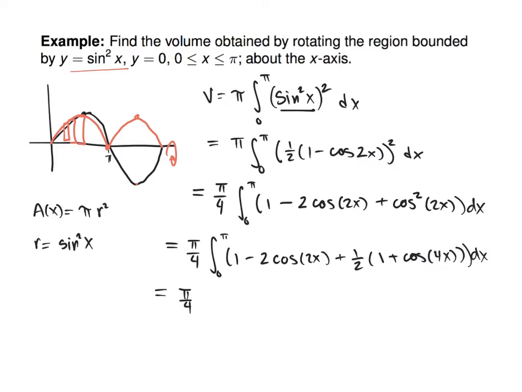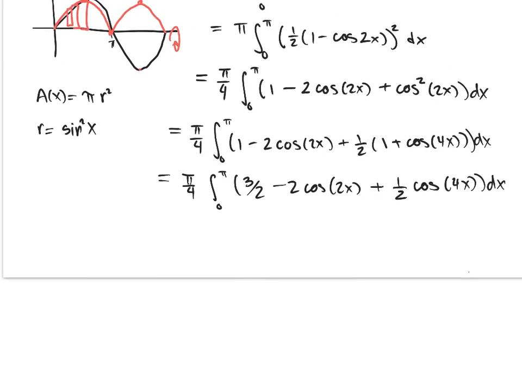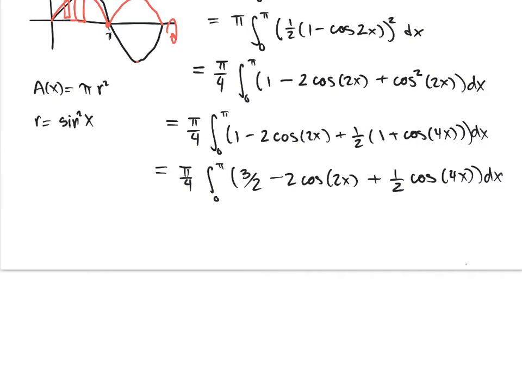Okay, so finally, before integrating, I'm going to combine like terms. They'll give us 3/2 minus 2 cosine of 2x plus 1/2 cosine of 4x. Everyone okay with that? When do you use the formula that is 2 sine x cosine x? What is that associated with?